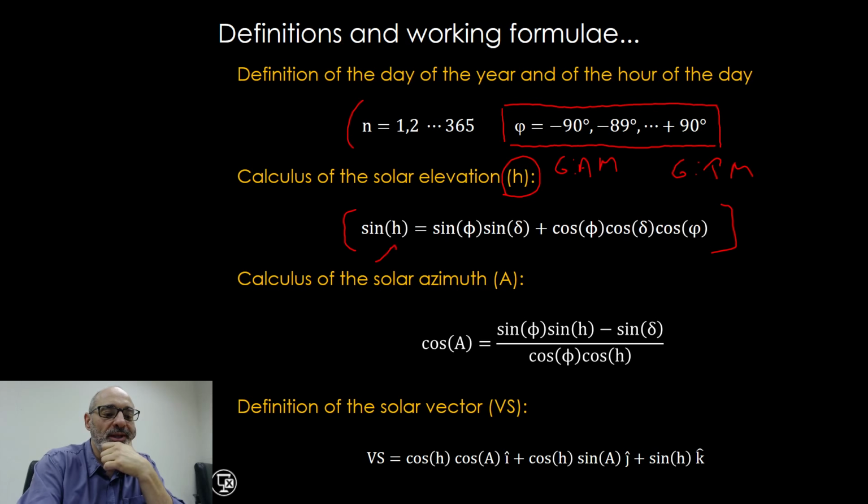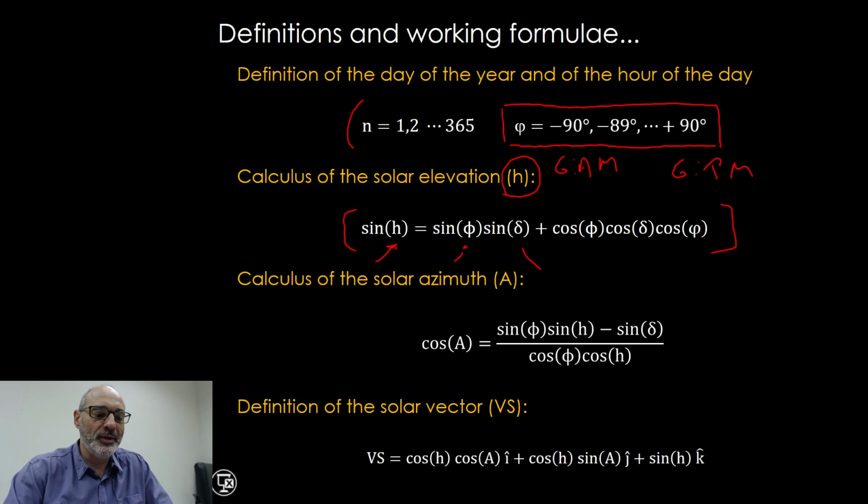The sun's elevation we can calculate by solving this formula here, in terms of declination and latitude. I'm not going to show you how to deduce this equation, but it's a simple projection matter.